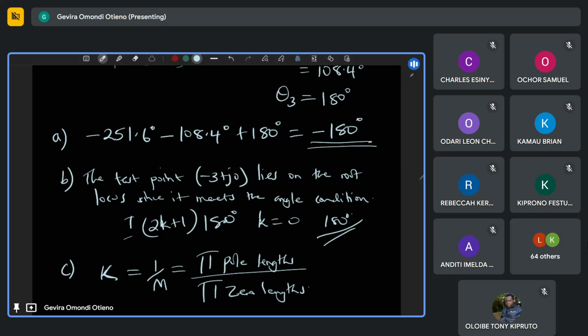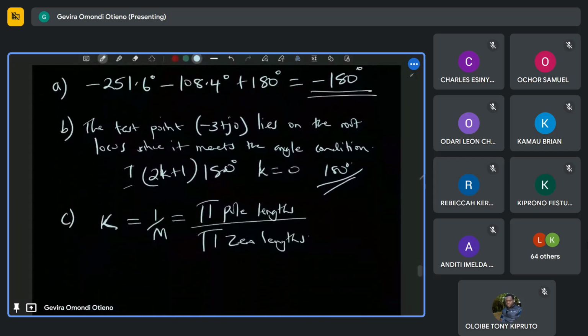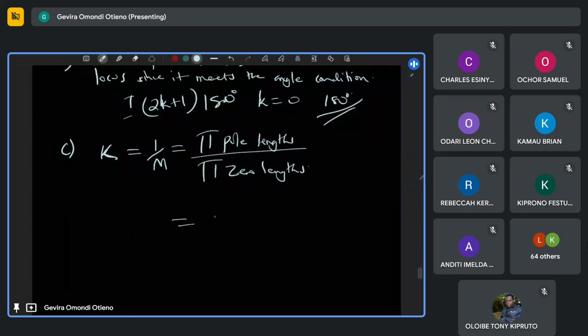So you provide the lengths: this is L1, this is L2, and this is L3. These are the length from the pole to the test point, the length from the other pole to the test point, and the length from the zero to the test point. So the pole lengths in our case would be L1, L2 divided by L3.